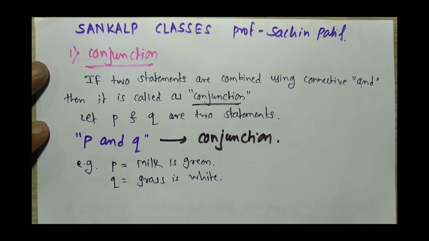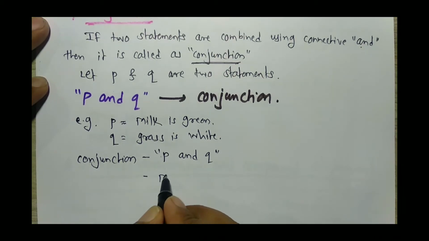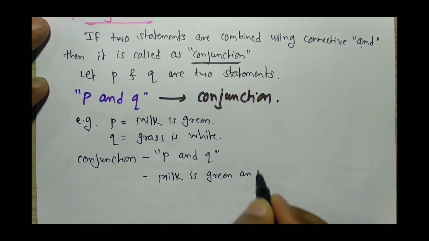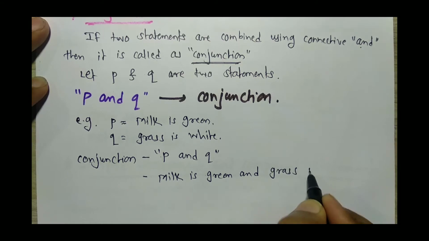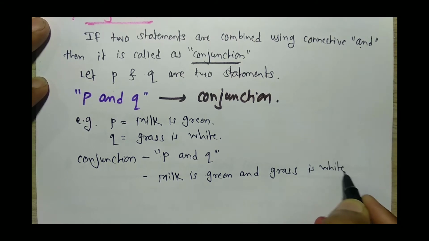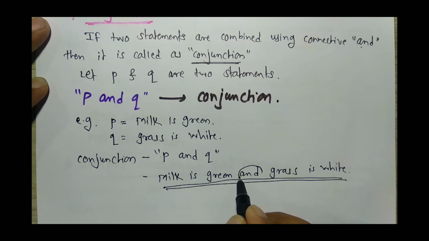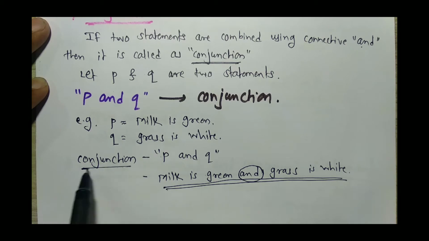These two statements are connected by using the logical connective, and that means you will get the conjunction of these two statements, P and Q: milk is green and grass is white. This statement is a compound statement, and inside it "and" is considered a logical connective, and therefore this compound statement is considered a conjunction.